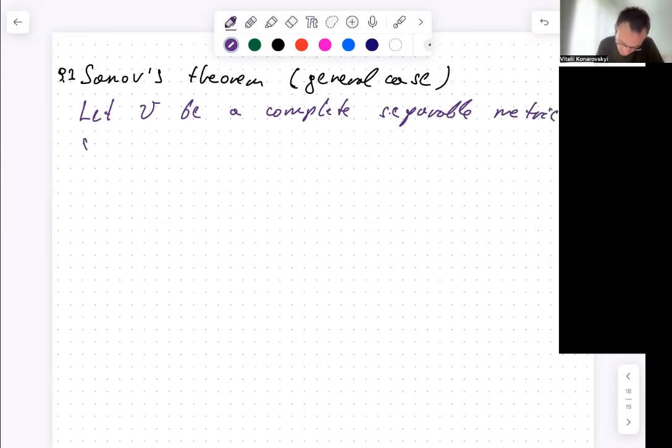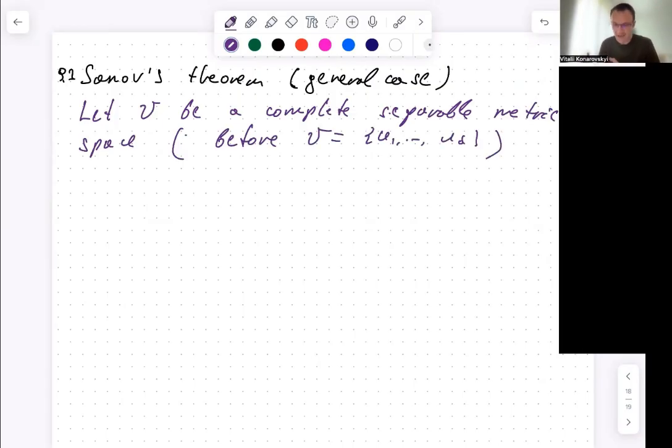Let me recall that before, U was u_1 up to u_d, and the metric there was the discrete metric. Discrete metric means that if two elements are different, then the distance is equal to 1, but if they are the same, then the distance is equal to 0.